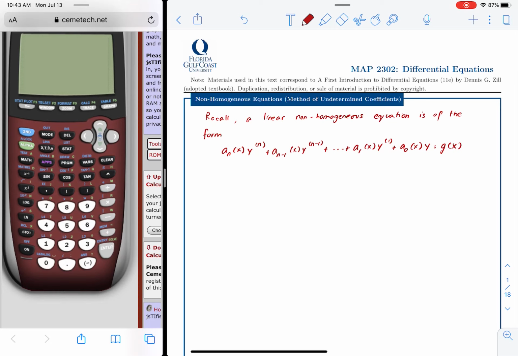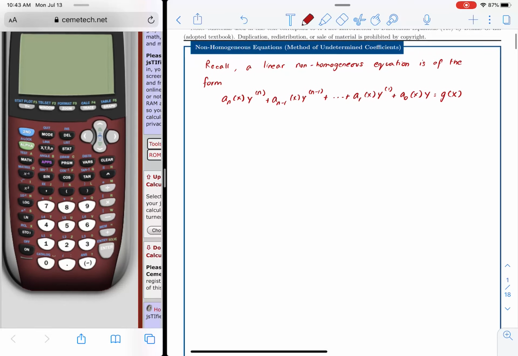And we know how to find the solution of a non-homogeneous equation. There are two parts: the complementary function, the complementary solution, and the particular solution.